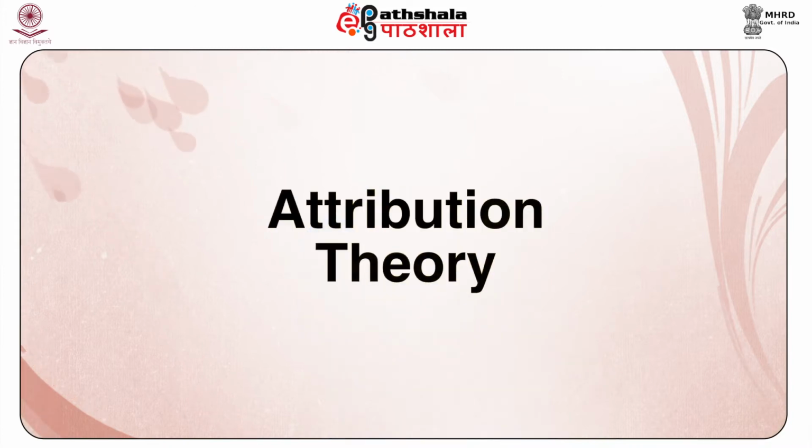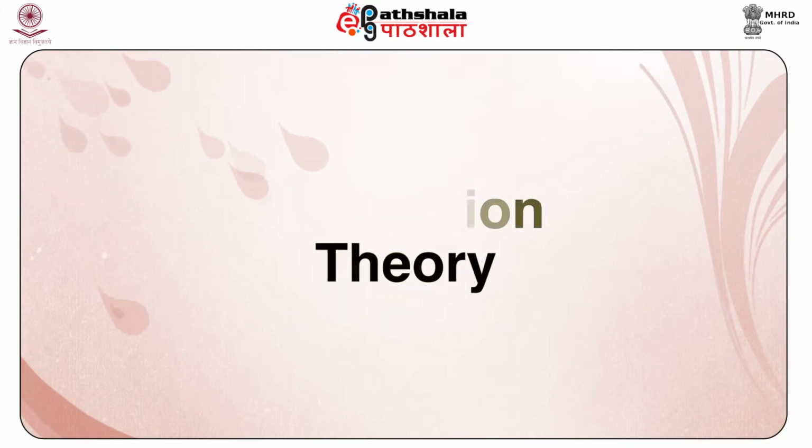Now we will study what attribution theory is. Attribution theory explains the way in which people judge people differently. It also refers to the process by which an individual assigns causes to the behavior he perceives. People observe both the behavior of individuals in an organization and its causes.